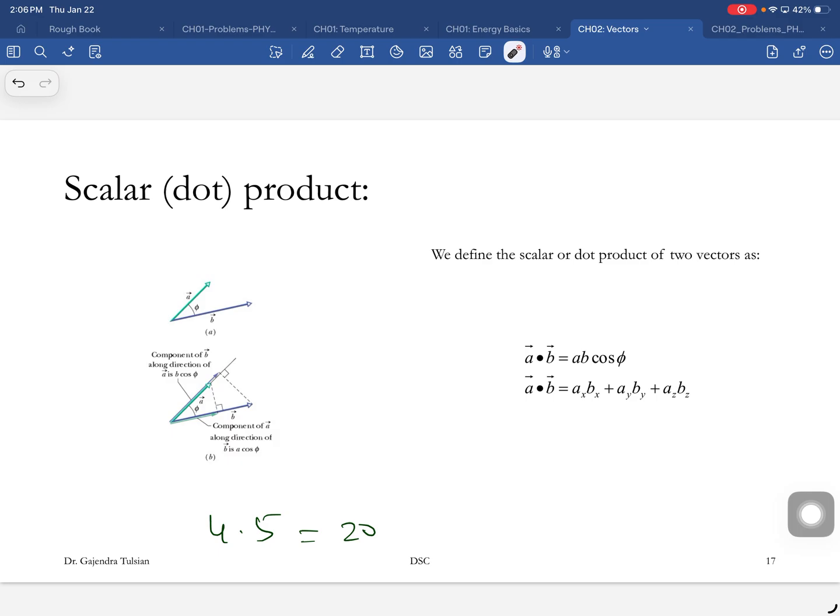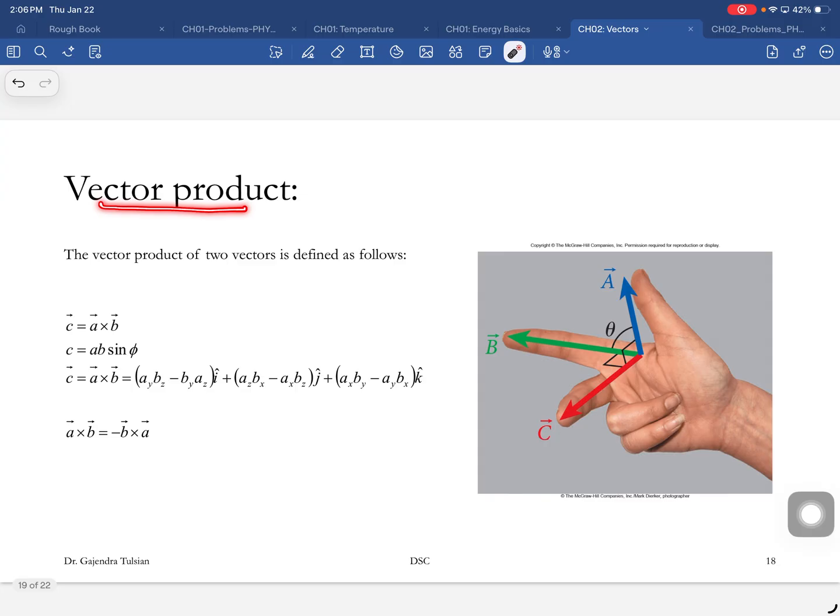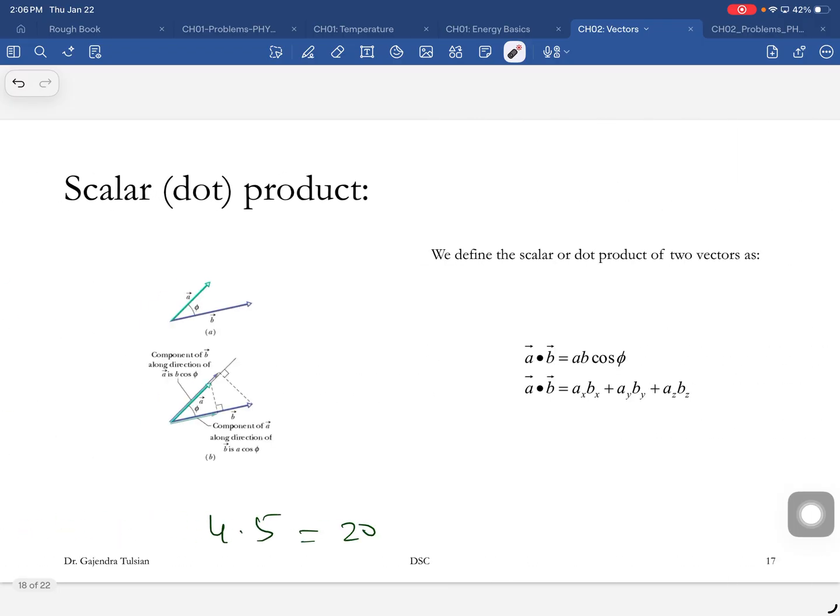Plus the Y component is AZ, BX, very good, minus AX, BZ.